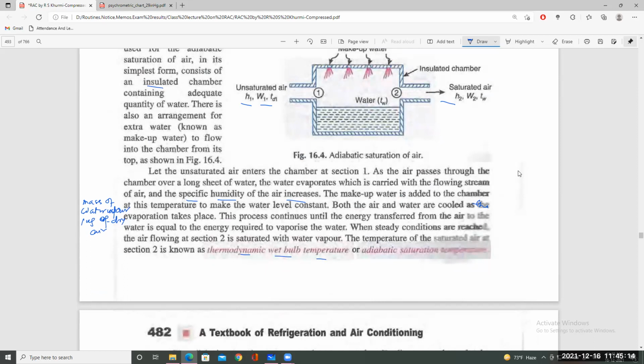Thus, the main condition is that the energy transferred from the atmospheric air is exactly equal to the energy required to vaporize the water.